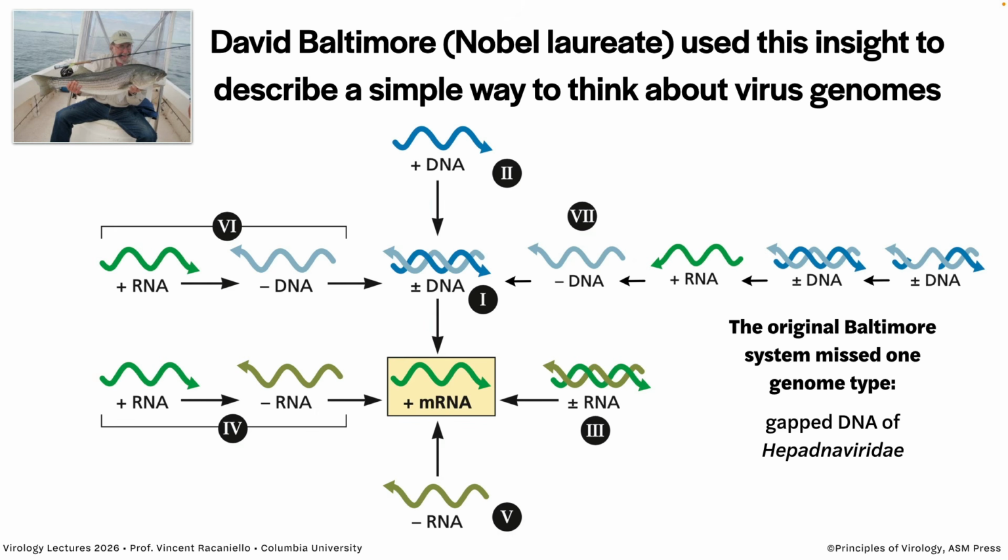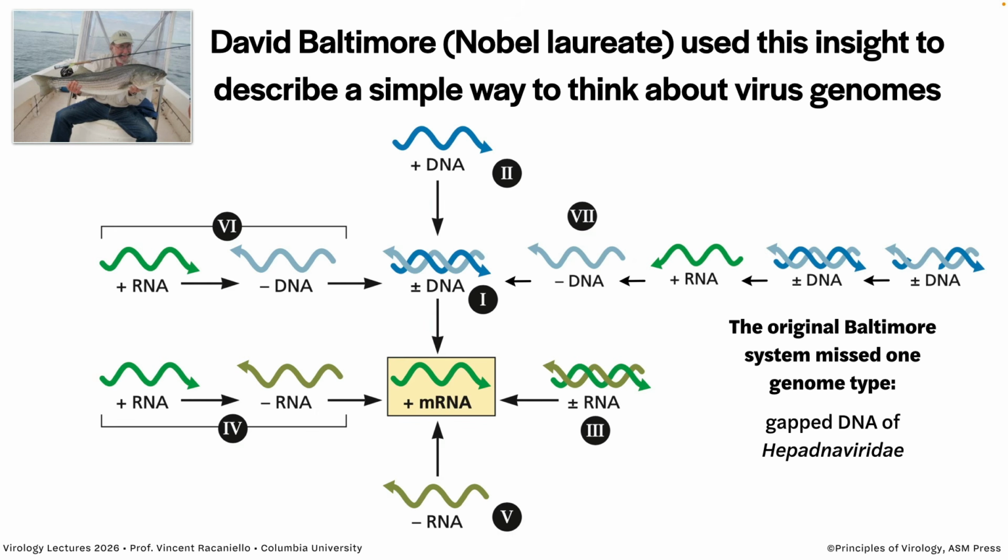So the minus strand has to be copied to make mRNAs. So you have to remember that double-stranded RNA can't be translated. It's group 3. Group 4 are plus strand RNAs, probably the simplest of all. The plus strand in these viruses is translated into protein. And to make more plus strands, you have a negative strand intermediate.